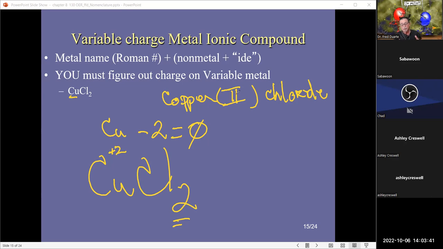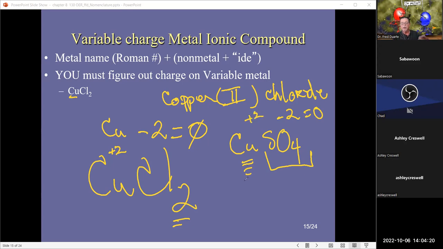I'm always going to know, if it's the variable charge metal, what the charge is of the anion, either in the single state or in the polyatomic ion table. This could have easily been SO4, copper sulfate, CuSO4. Well, I don't know what this is charge-wise, but what I do know is this polyatomic ion has a -2. Again, that equals 0, so that means copper must be a +2.